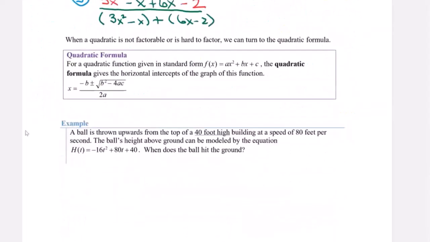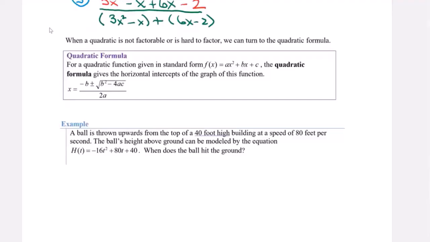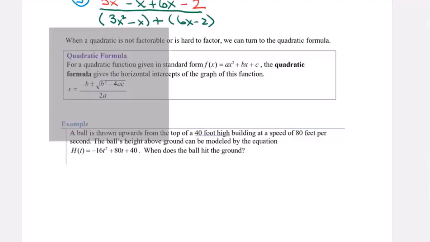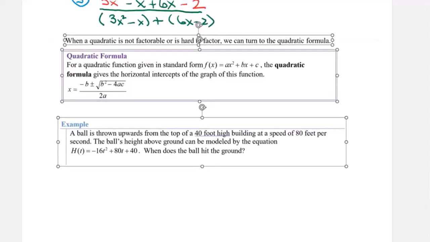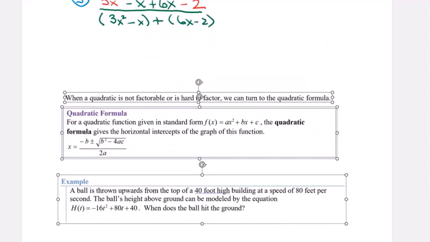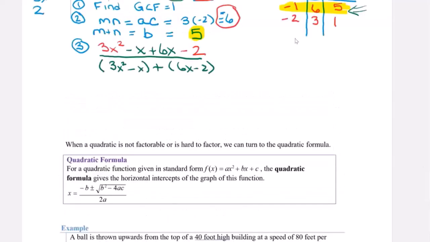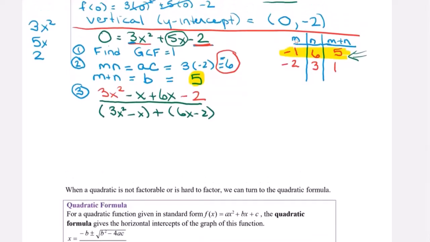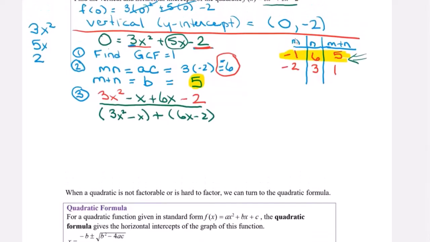Let me move all this down. Okay, so now I've grouped them and in each group, I look for my greatest common factor.